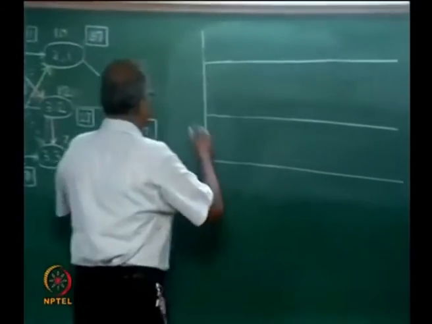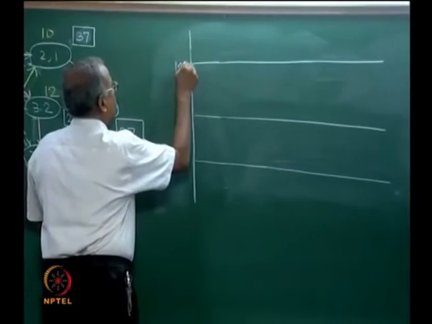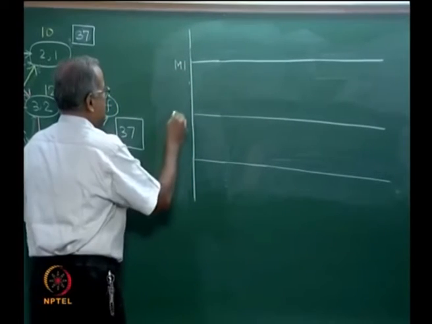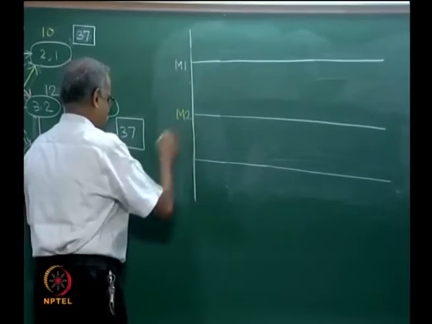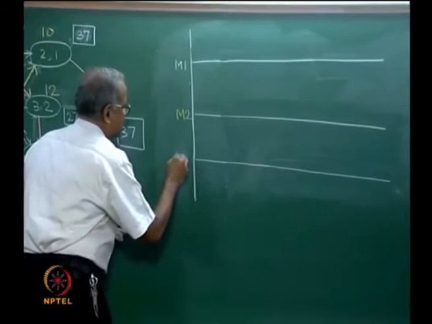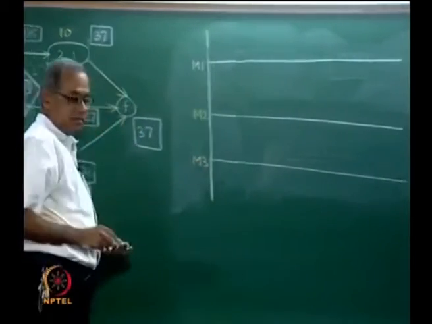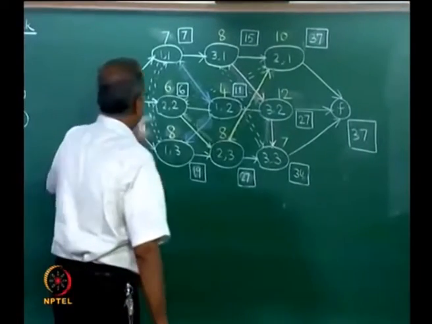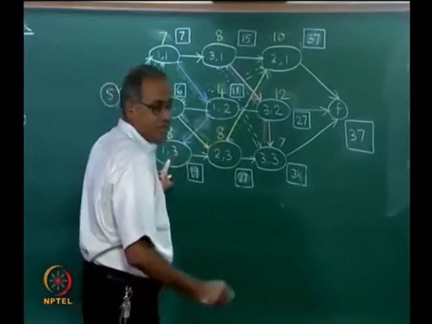On the Gantt chart, this will be M1, this is M2, and this is M3.